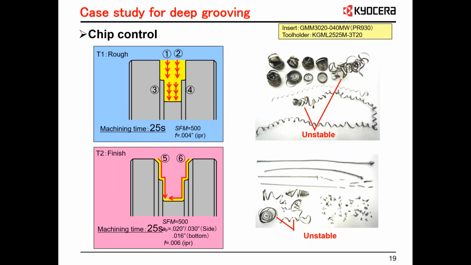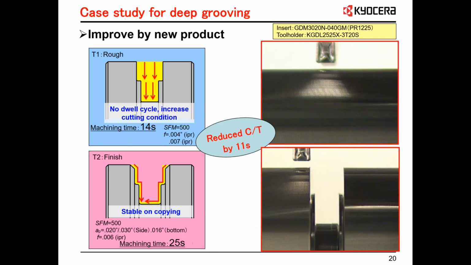So we're halfway there, right? And well, I'll point this out in a minute. If you'll notice before, we were having chip control issues even by pecking. So we still were pecking in that process or dwelling and still having chip control issues. So in that case, you want to look for our latest, greatest product.